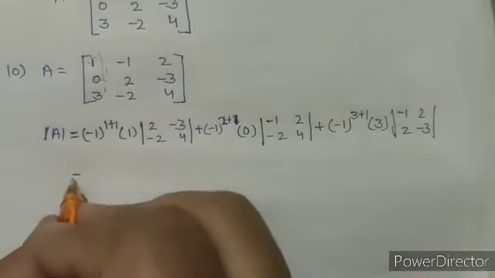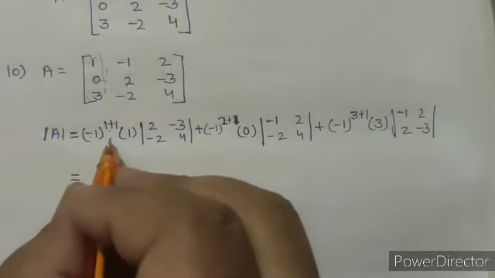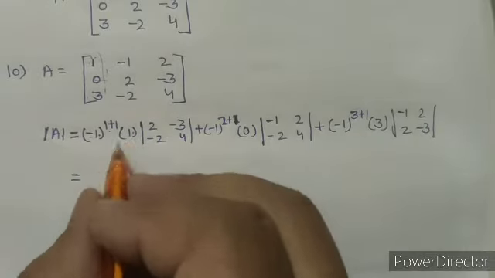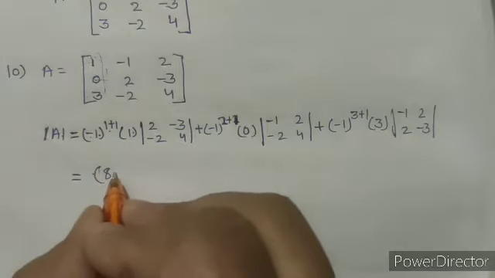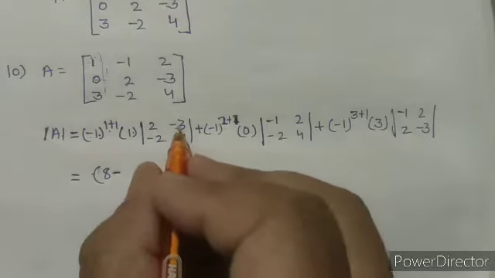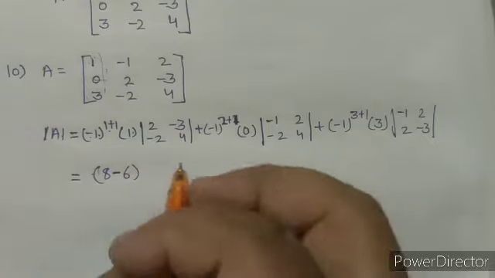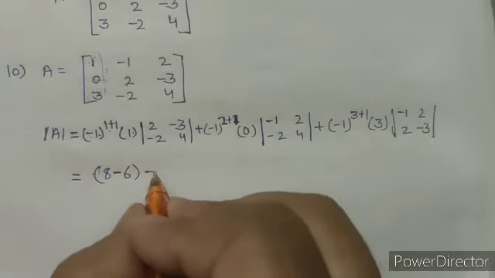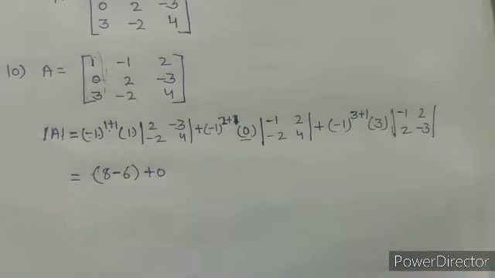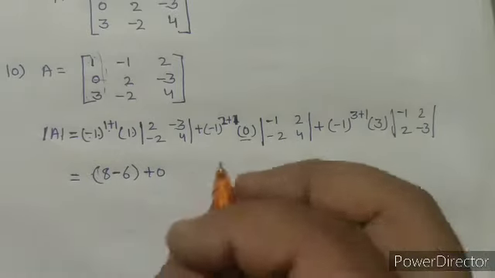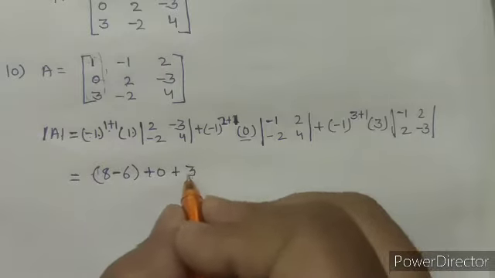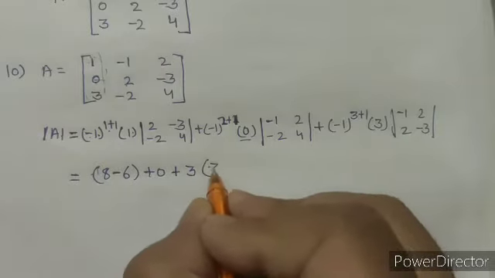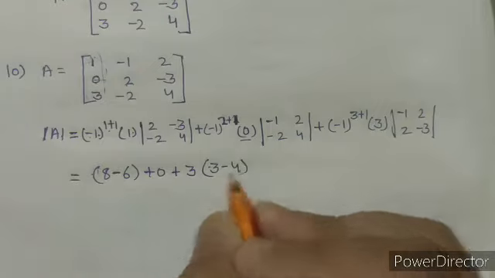Now this will give us minus 1 raised to power 2, which is positive, 1 into 1 will be 1, into the determinant of 2 4, which is 8, minus 2 into minus 3 will be plus 6. The second term will be 0 as it is being multiplied by 0, and the third will be minus 1 raised to power 4, positive again, 3 into 3 minus 4.